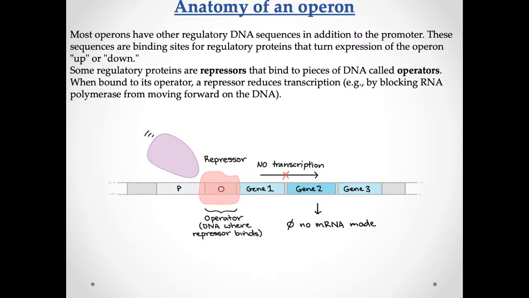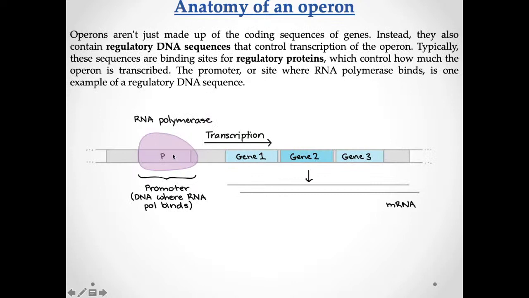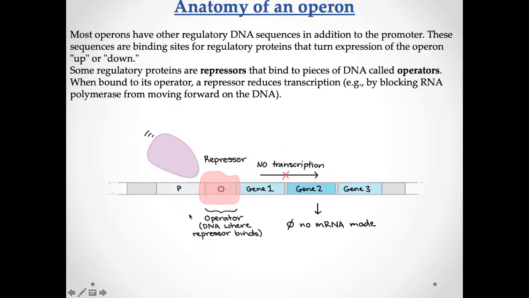Then most operons have other regulatory DNA sequences, such as repressors that bind to pieces of DNA called operators. This is the operator site where your repressor will come and not let RNA polymerase attach to the promoter.